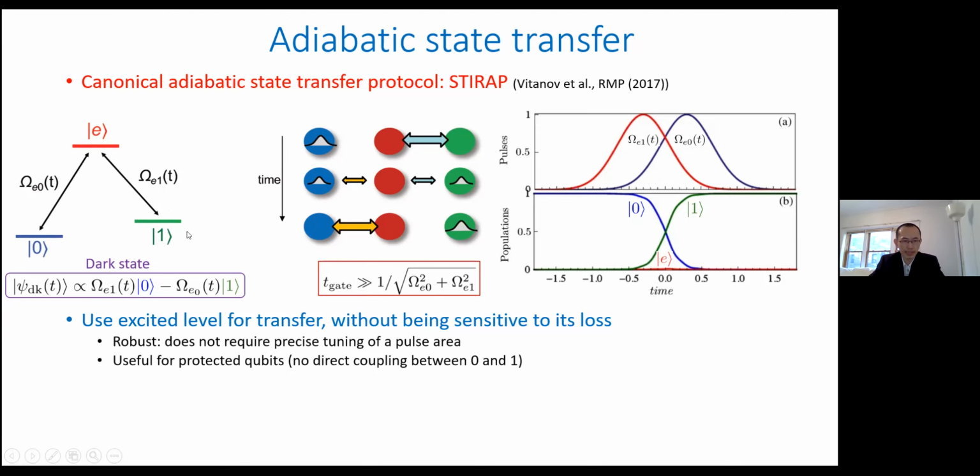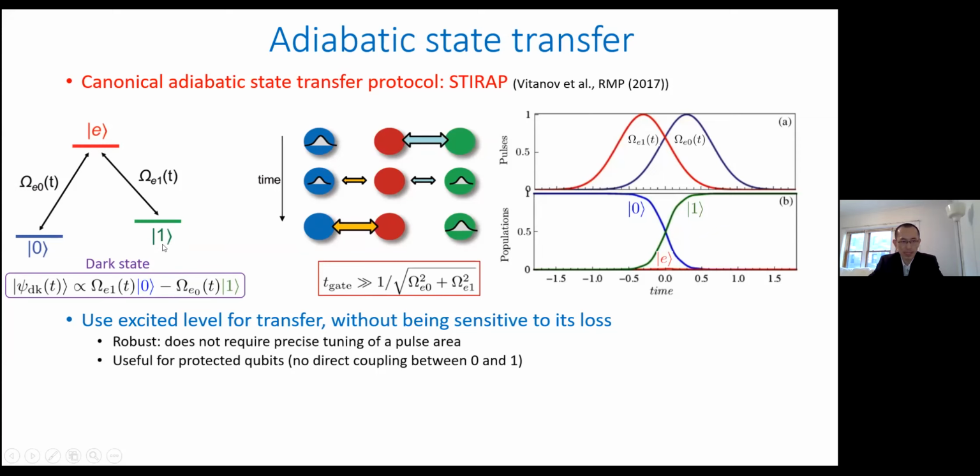And basically, in this STIRAP protocol, which we are going to use to transfer the state from 0 to 1, there exists an adiabatic dark state. When these 2 pulses are on, the adiabatic dark state can be expressed as a linear superposition of 0 and 1, and it does not involve the state E at all.